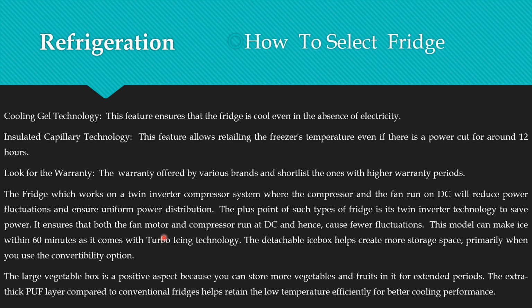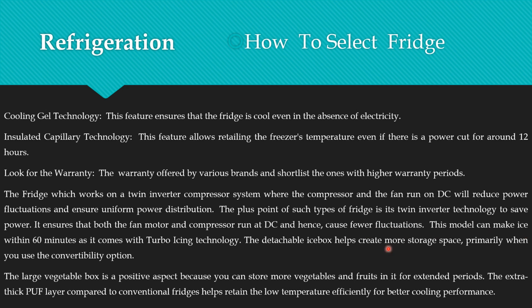Normally all fridges run on alternating current, which is the electricity we get in the house. But this twin inverter compressor type fridge operates on direct current. So the fluctuation will be reduced, and power consumption also will be reduced. So the electricity bill will be very low compared to an AC powered fridge.